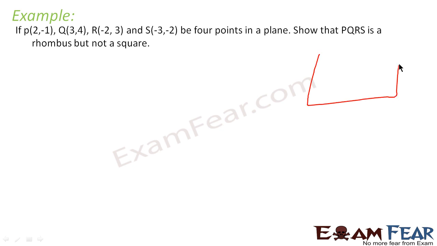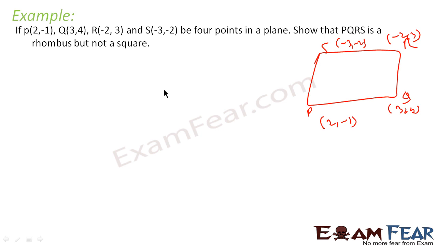So this is my quadrilateral PQRS. You have these points (2, -1), (3, 4), (-2, 3), and now you try to find the values of PQ, QR, RS and SP, all sides.